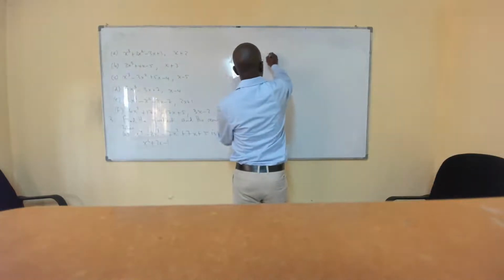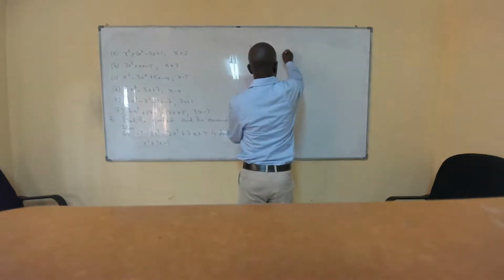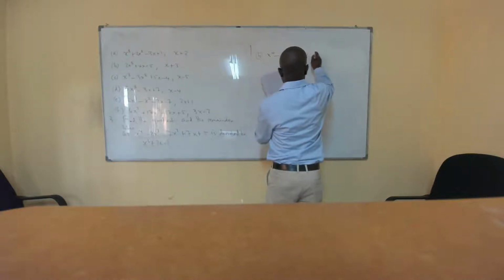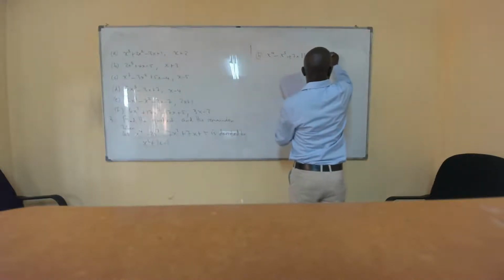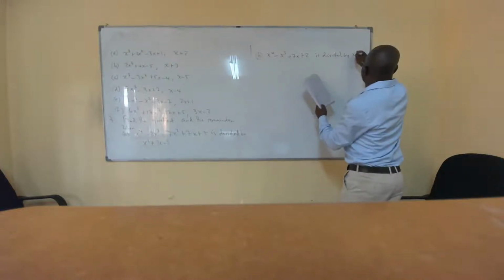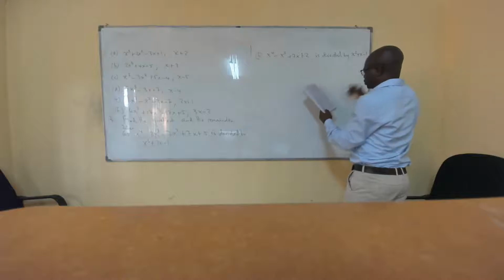B, x to the power 4 minus x to the power 3 plus 7x plus 2 is divided by x squared plus x minus 1.